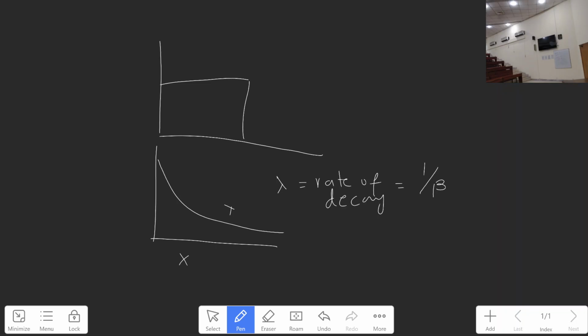But anyway, now if there is a random variable x that has a higher decay rate than the other, let's say there is lambda 1 less than lambda 2 less than lambda 3. There is another random variable that also follows exponential distribution, meaning its likelihood of taking higher values drops, but much faster. Then how would it look? It's easy to see that that one would start off here and go down much faster.